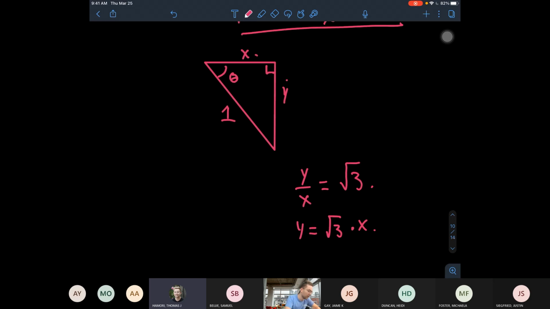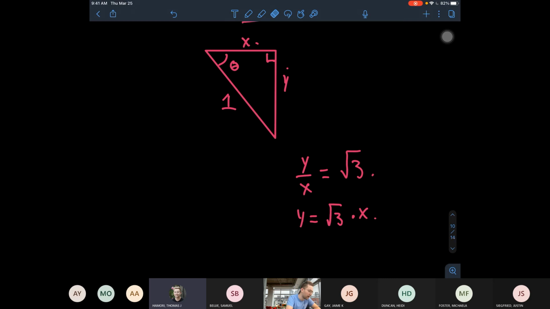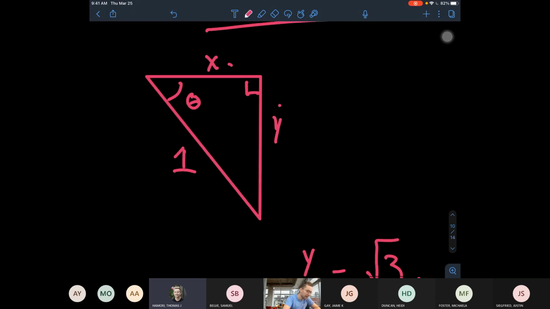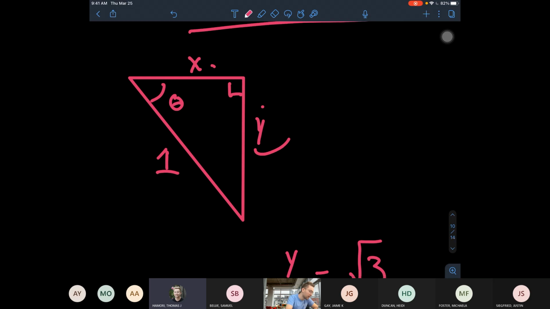So what does that tell me? That tells me I have a right triangle, and the way I get the length of y is by taking the length of x and multiplying by the square root of 3. Does that remind you of anything in particular?